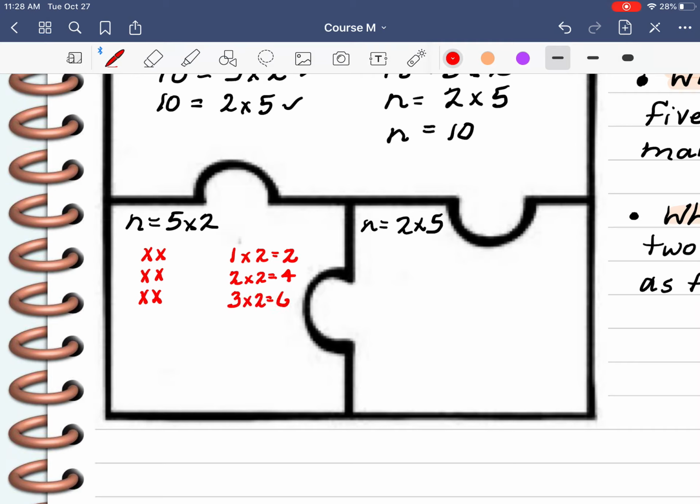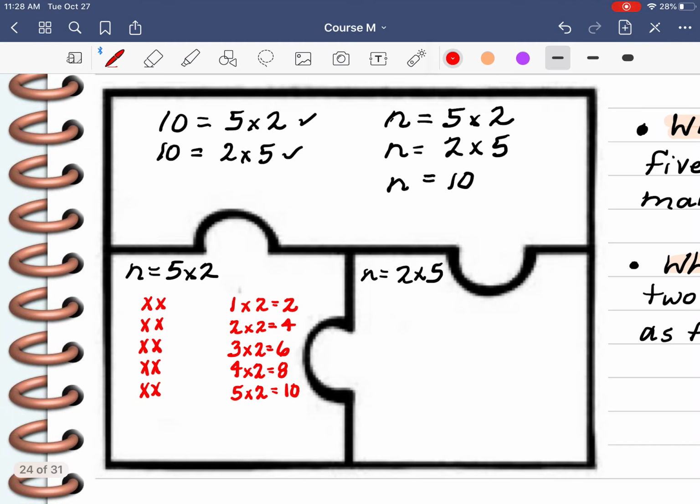And that is 6 total. We have the fourth iteration of 2 is 8. And then we have the fifth iteration of 2, and that is 10, which we know it's 10. That we've already figured that out up in the top section. But this is why it's 10. The fifth iteration of 2 is equal to 10.